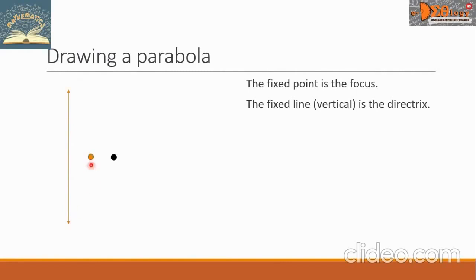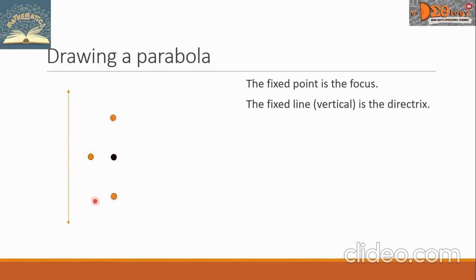Now let us find some points that satisfy the condition of a parabola. This is the first point that is equidistant from the focus and from the line, which is the directrix. Let us find more points that satisfy the condition. Here we have two more points that are equidistant from this point and from the line.